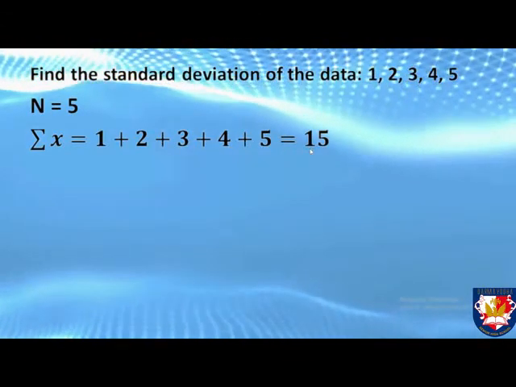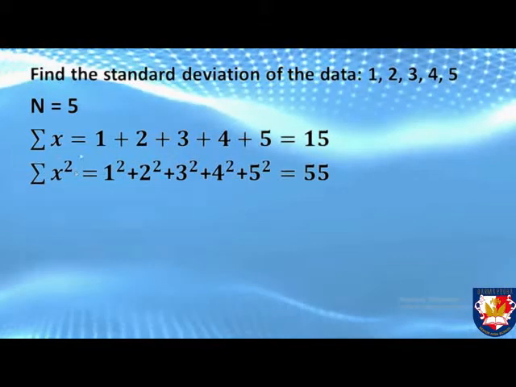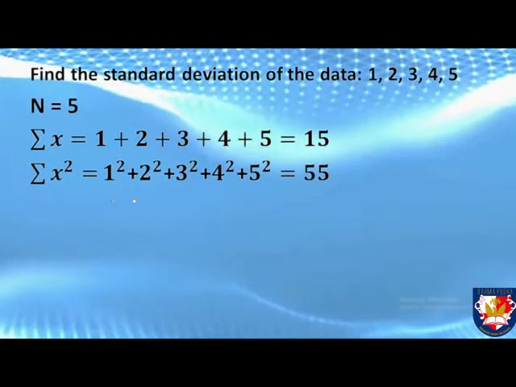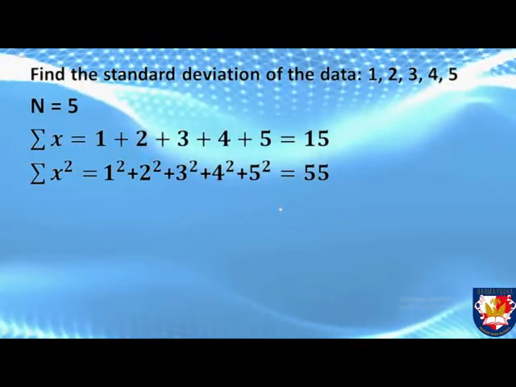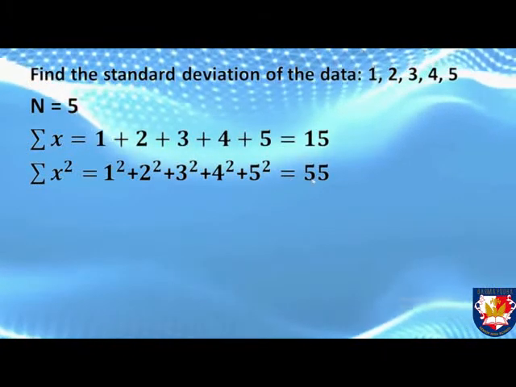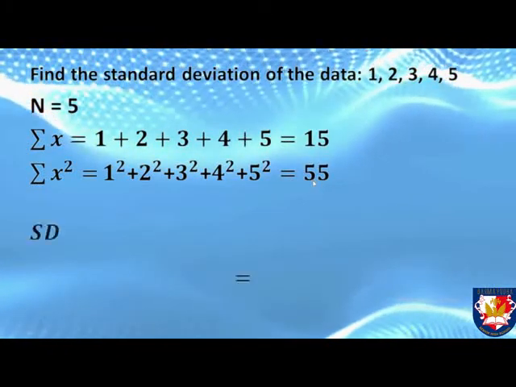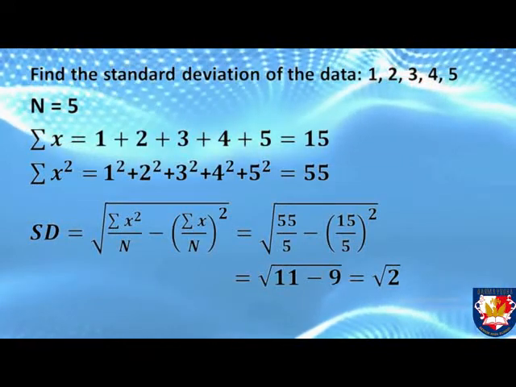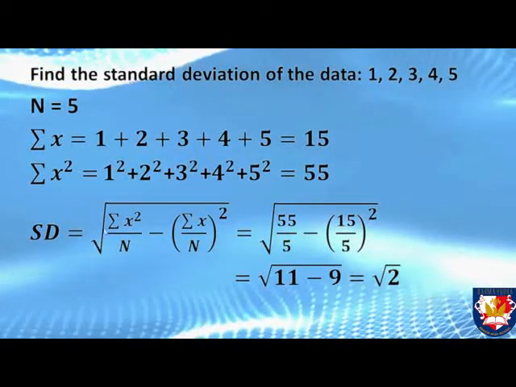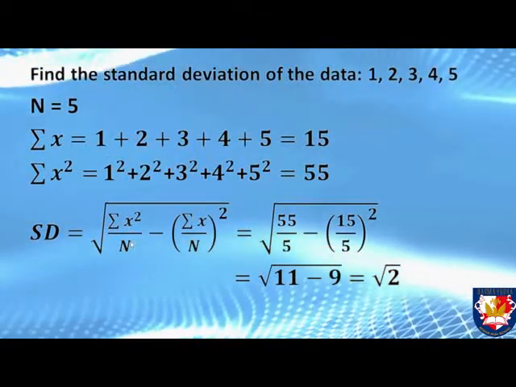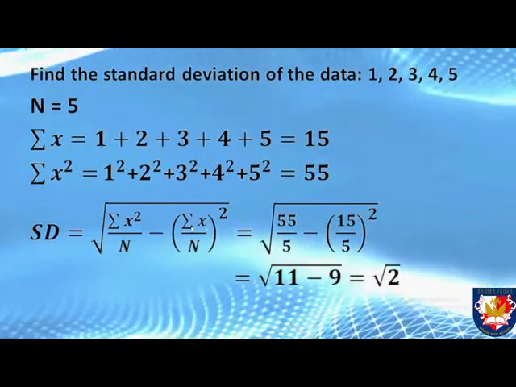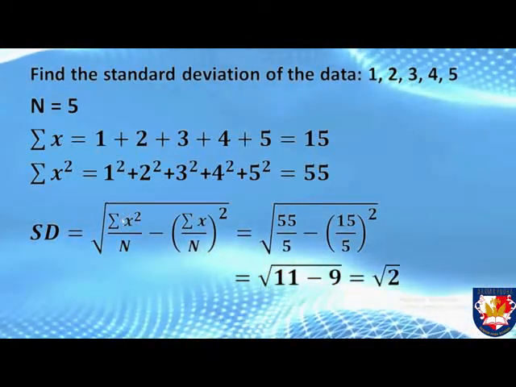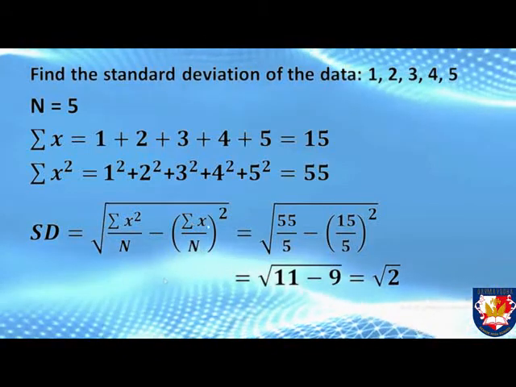Next, we need to find the sigma of x square. So the total of square of each data equal to 55. And then the formula for standard deviation for ungrouped data is square root of sigma x squared per n subtracted by square of sigma x per n. We have found every single number in this formula.